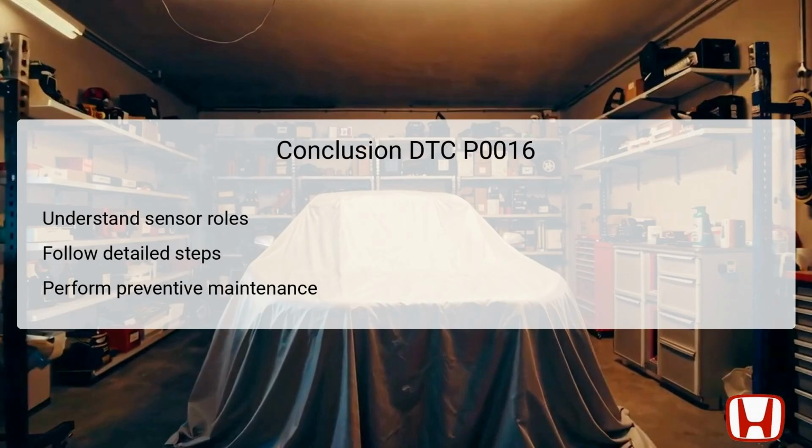It is crucial to follow the detailed steps laid out in this troubleshooting process carefully to ensure accurate diagnosis and successful repairs. Additionally, implementing preventive maintenance measures can help avoid potential failures and keep the vehicle running smoothly. Early detection and prompt action can save both time and resources, ensuring that the Honda Civic maintains optimal performance for years to come.